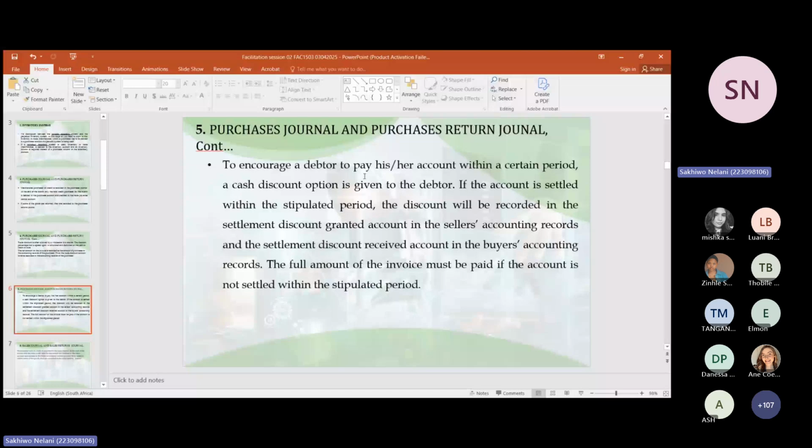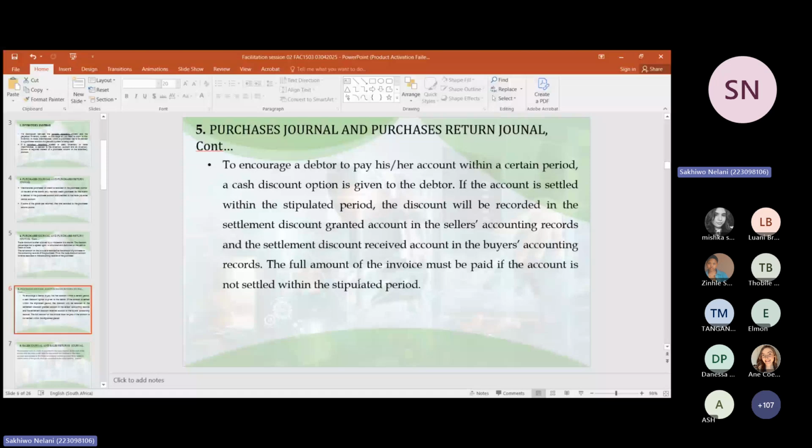This one is the one that we partly engaged on, in terms of your debtors. At some point in business, certain discounts are offered just to encourage you.